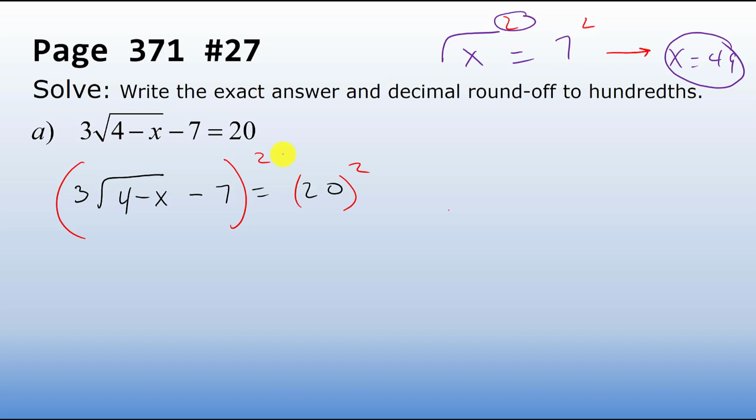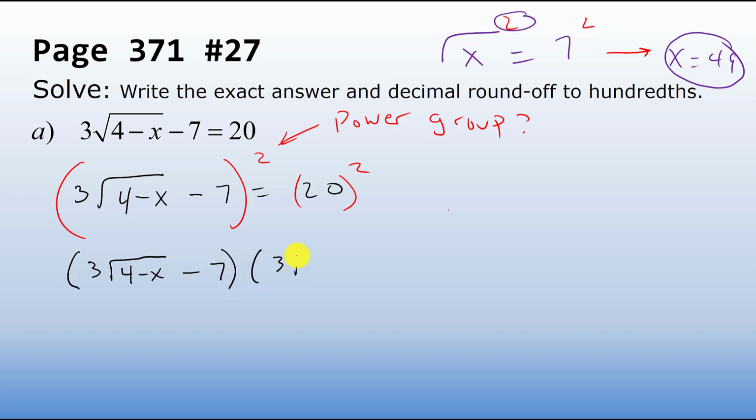Now wait a minute, how do we do a power on a group? Well, the only way to do a power on a group is to FOIL it. You have to take the first term, then the second term, and times the group again.